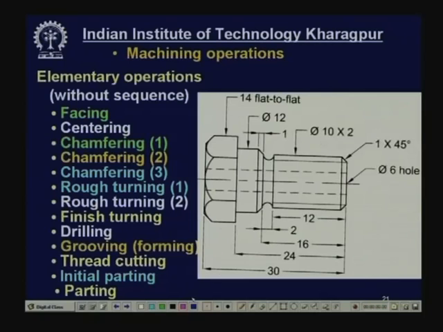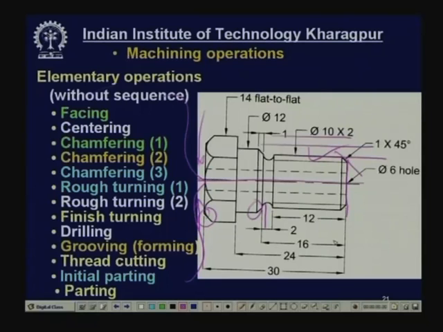Say for example, in this case the facing, chamfering, drilling, then turning, rough turning, then second rough turning, finish turning, this grooving, and then this chamfering, or say partial or initial parting, then thread cutting, then final parting. So all these operations have to be identified irrespective of the sequence. So all these operations have been listed here. This way it has to be listed.